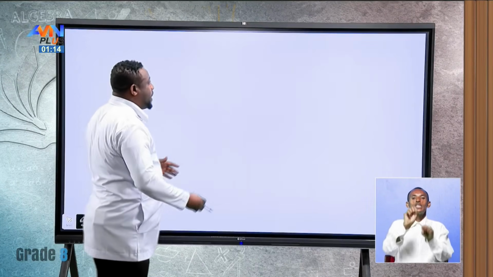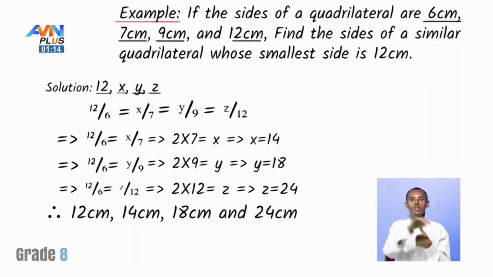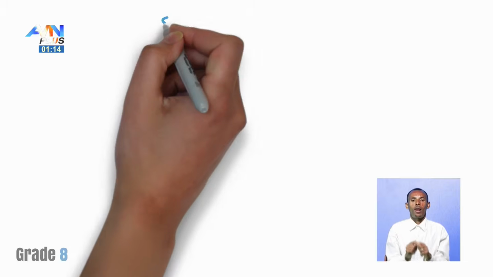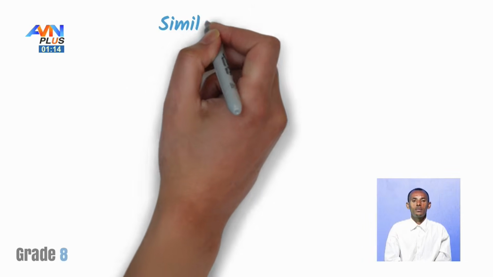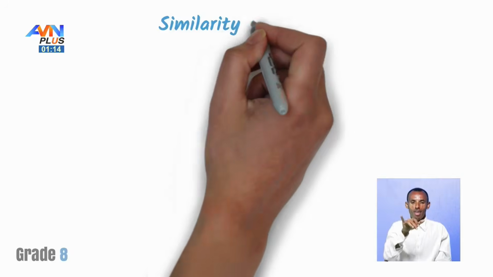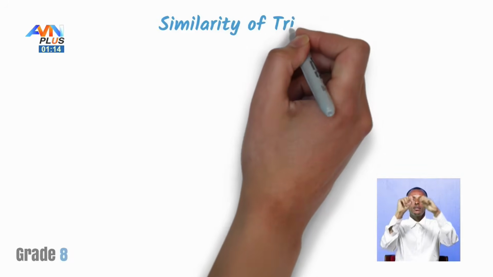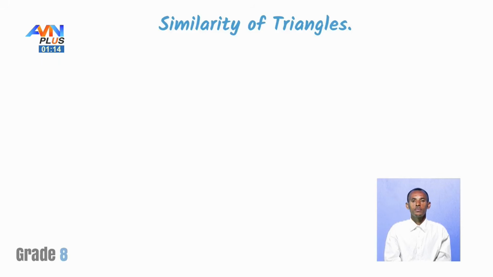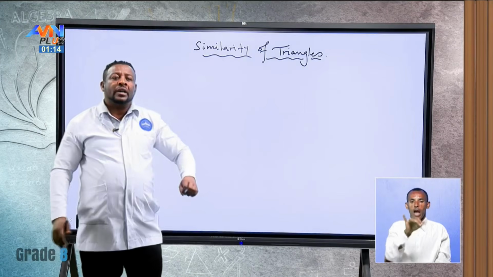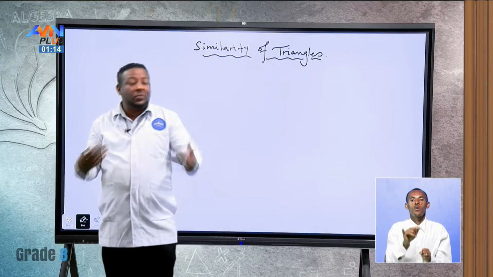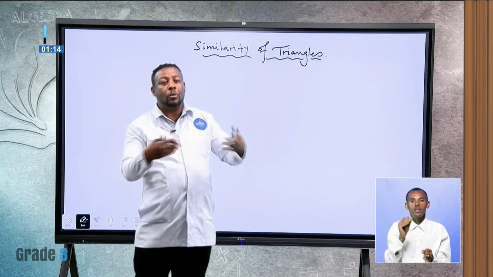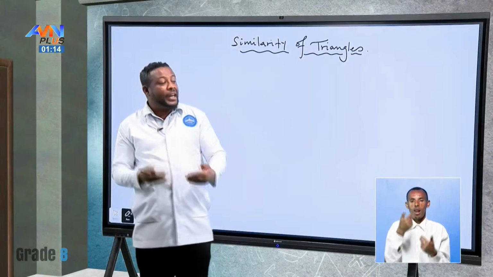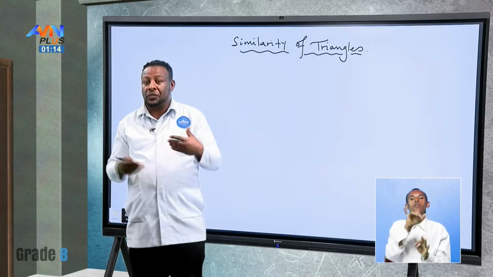So next we have similarity of triangles. Like we did for similarity of a quadrilateral and a similarity of a polygon, we will have a definition of similarity of triangles.